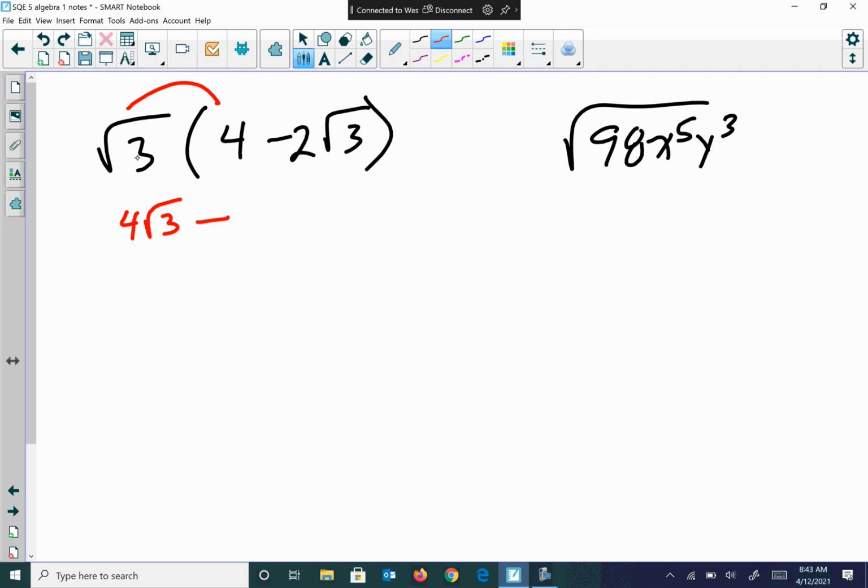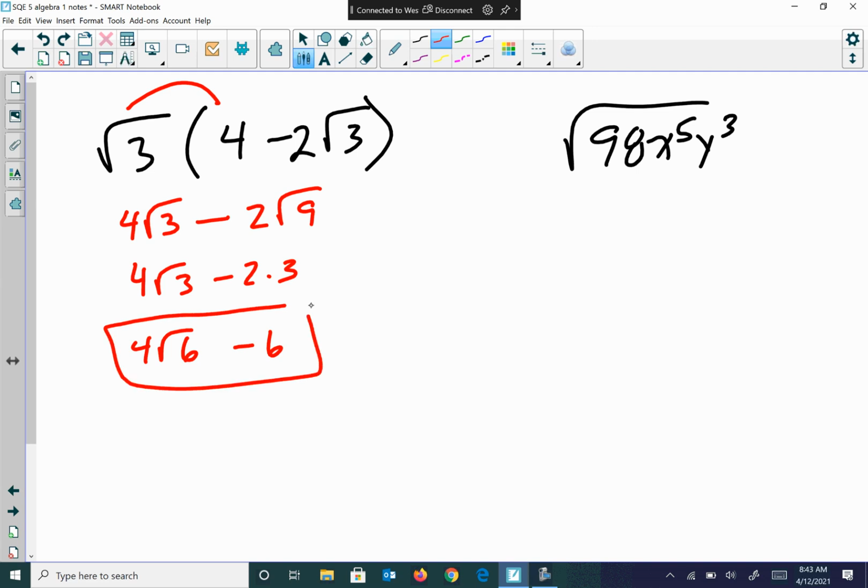Minus root 3 times root 3 is root 9. What's root 9? 3. So notice part of our answer lost its radical. That's okay. 4 root 3 subtract 6, exact answer.